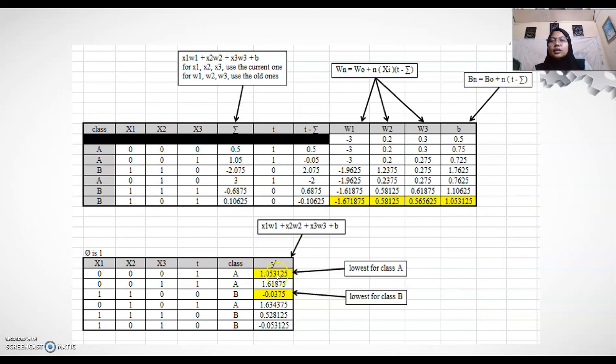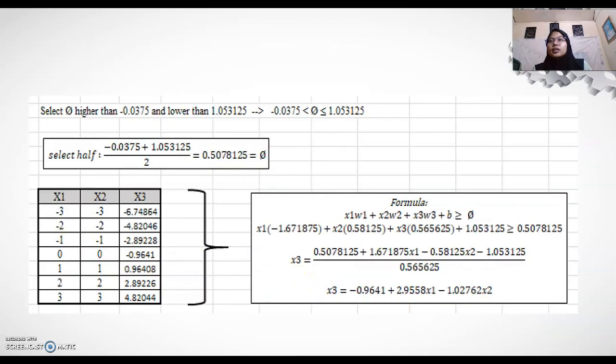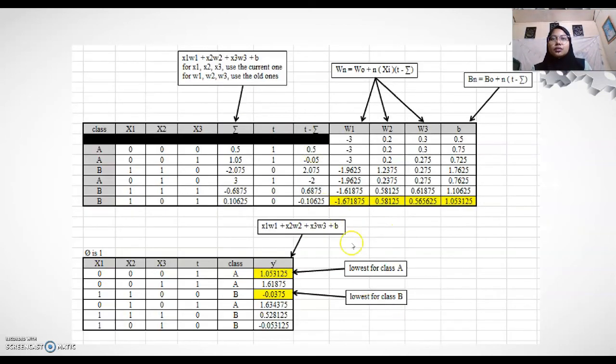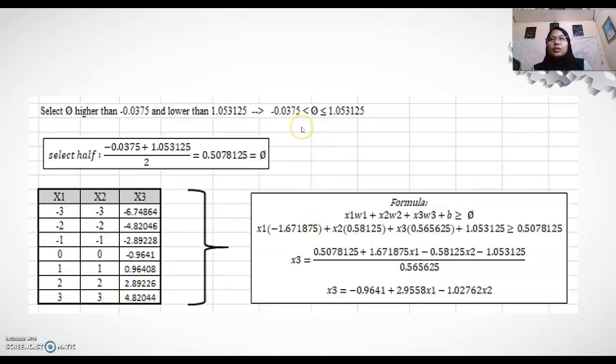And for the accuracy, we get 100 based on the values. From the lowest values for class A and class B, we have to add them and then divide by 2 to get the data for this.